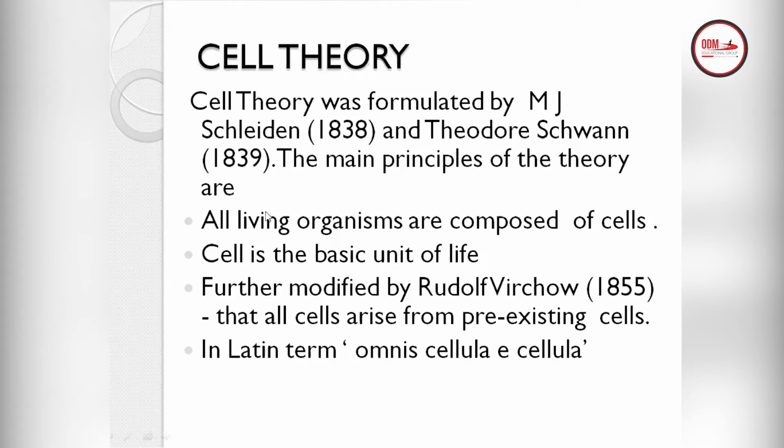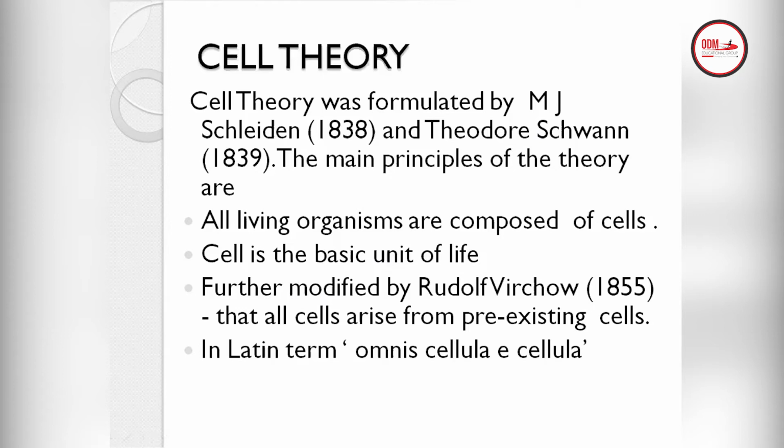The main principle they postulated under one theory is that all living organisms are composed of cells, and the cell is the basic unit of life, that is, the basic structural and functional unit of life.